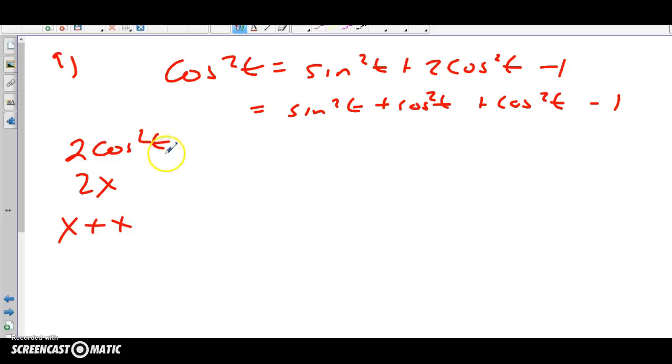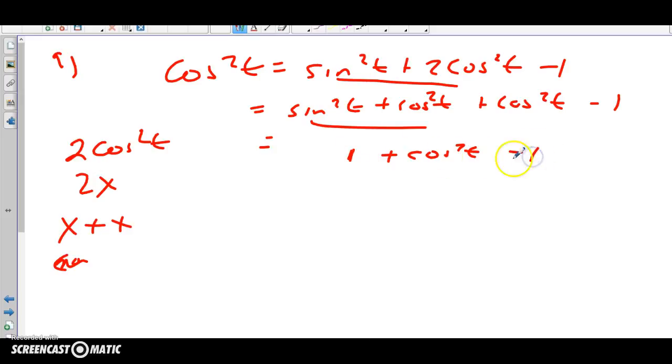So 2 cos squared t is cos squared t plus cos squared t, and that's what I have here. And the reason I did that is because I see sine squared t, I see cos squared t, and I think to myself, hold on a second, there's the Pythagorean identity, and I will use that. That's the same as 1. And then I have cos squared t minus 1. 1 plus 1 minus 1 is 0. Look at cos squared t, and I'm all done.